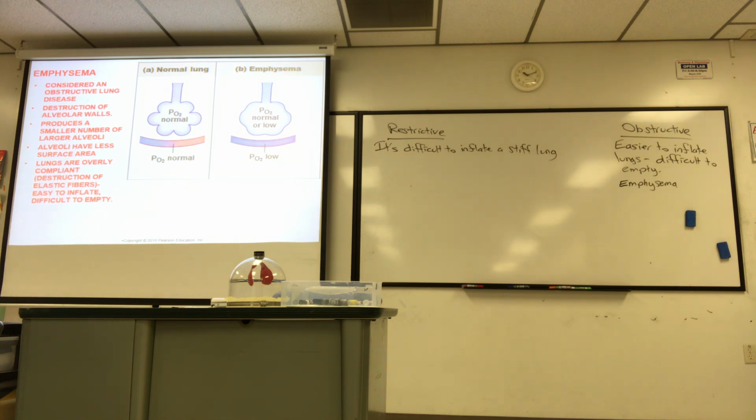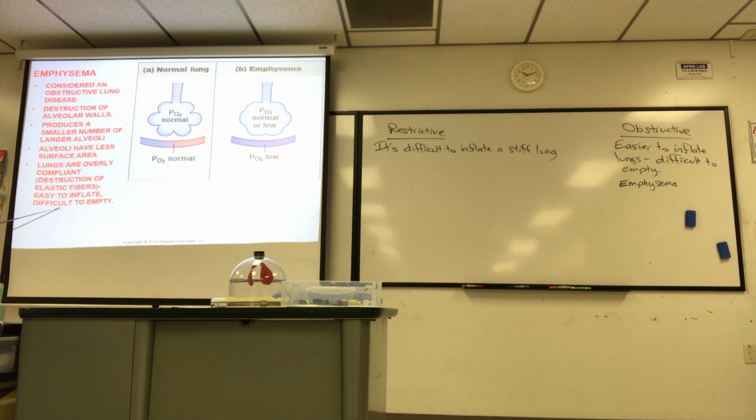Larger is not better here, because the alveolar spaces will have less surface area. Maybe the lungs are overly compliant due to the destruction of the elastic fibers, maybe due to, say, cigarette smoke, the toxins destroy elastic fibers. So it's easy to inflate but difficult to empty.